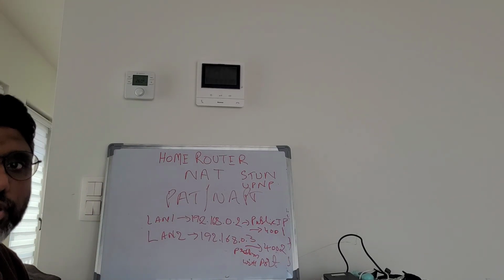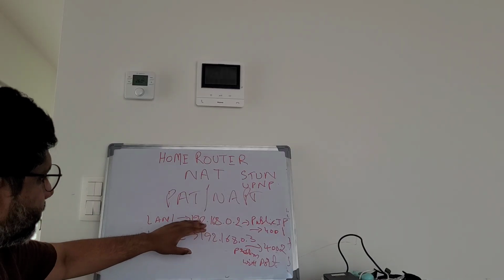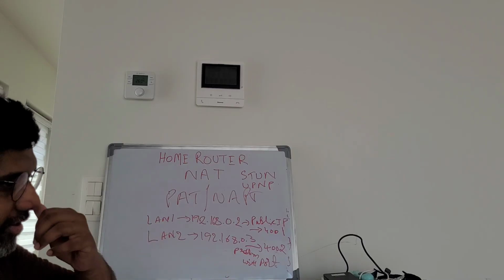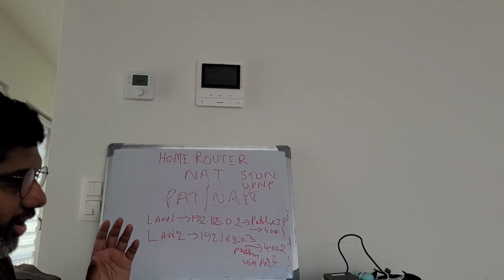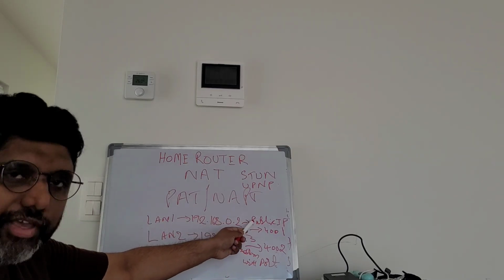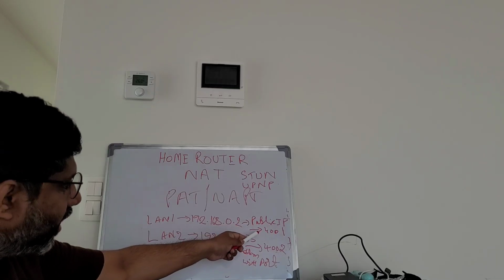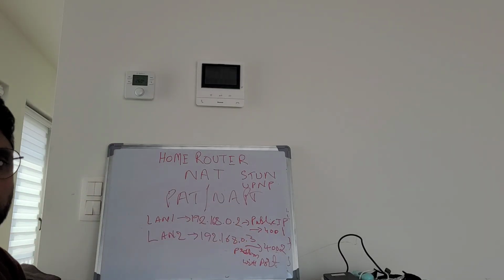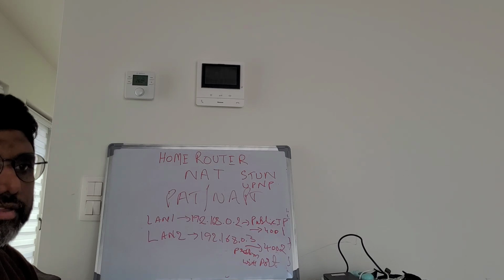It is called universal plug and play. So what happens is, on the LAN side a PC can ask, using the UPnP protocol, I want to reserve the public IP address, it's the same, it's a single one. I want to reserve this port. That port can be used to communicate for voice, and another port for gaming.